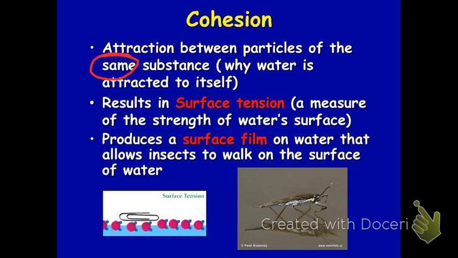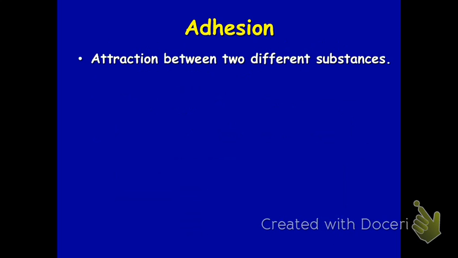Now let's move on to adhesion. And adhesion is somewhat similar to cohesion, but with a slight difference. And that difference is it's the attraction between two different substances, okay? So adhesion is the attraction between two different substances.